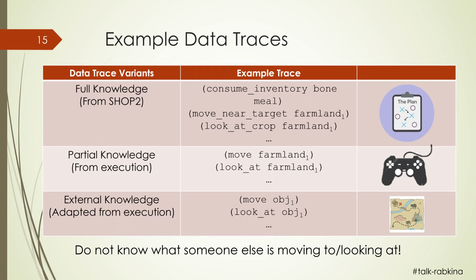Every entity was anonymized to just be an object, because we know that someone is looking at something. We know what someone is physically doing, but we don't know what specifically they might be looking at or moving to. We're thinking of this as us being people, or an agent in an environment where it doesn't have access to the planner of any other agents.